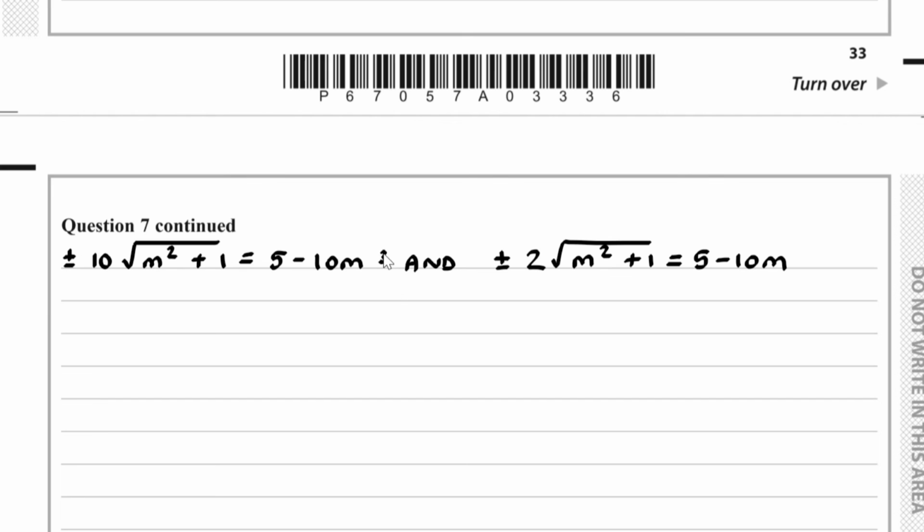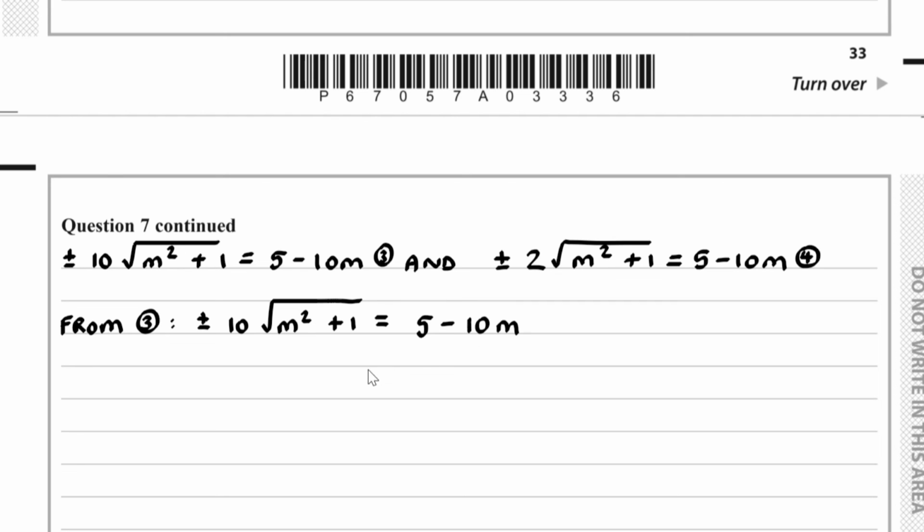So if I call this equation 3, and if I call this equation 4, well, from equation 3, we've got plus minus 10 times the square root of m squared plus 1 equals 5 minus 10m. And if we square both sides, squaring plus 10 times the square root of m squared plus 1 and squaring minus 10 times the square root of m squared plus 1 is going to give us the same result.